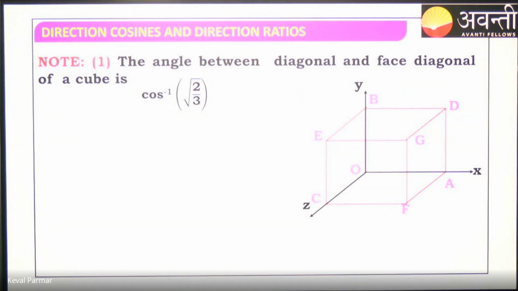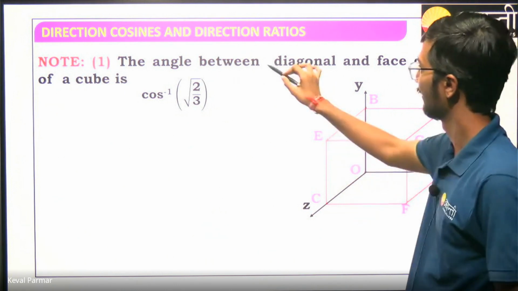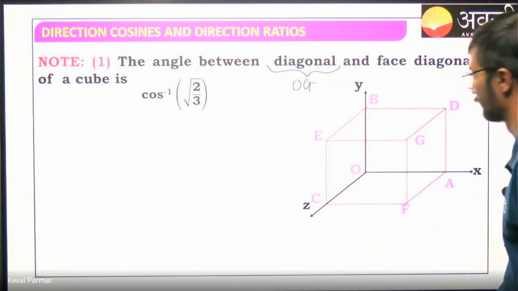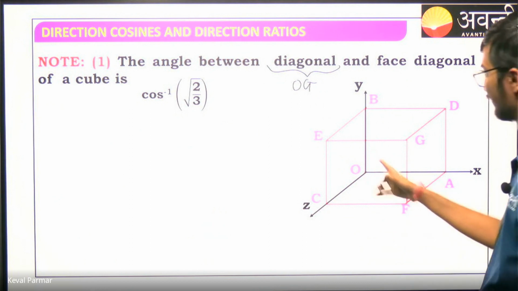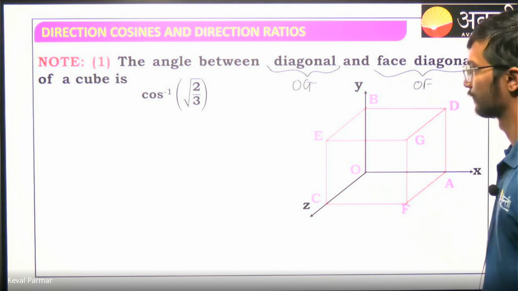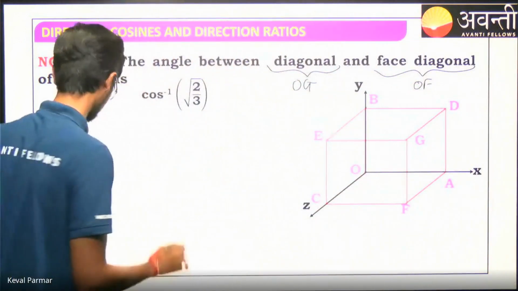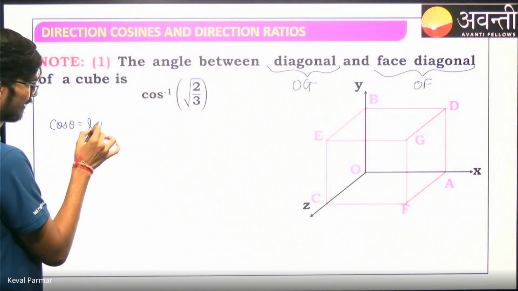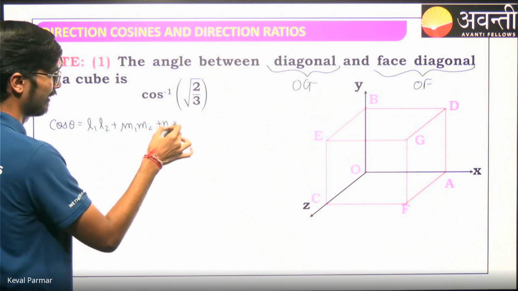Let's say this is the diagonal, OG, and the face diagonal we took as OF. So we know what the angle is, guys. cos theta is equal to L1 L2 plus M1 M2 plus N1 N2.